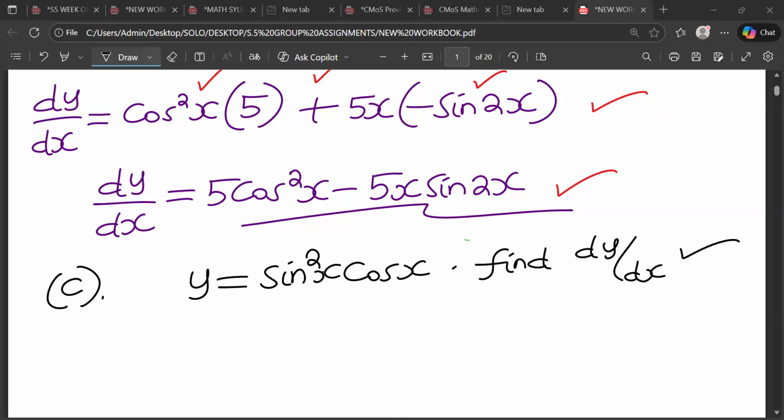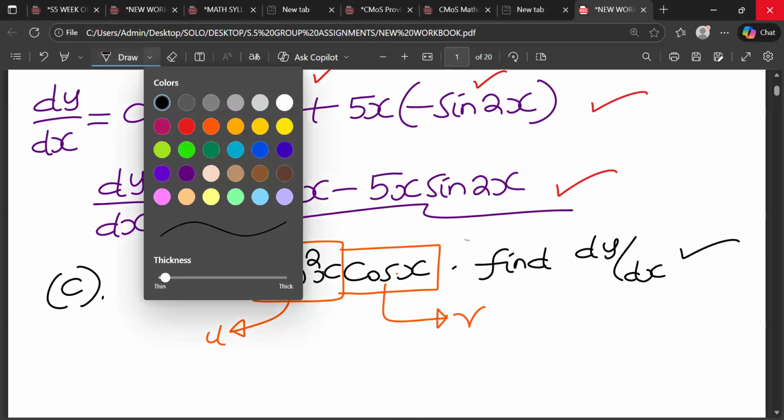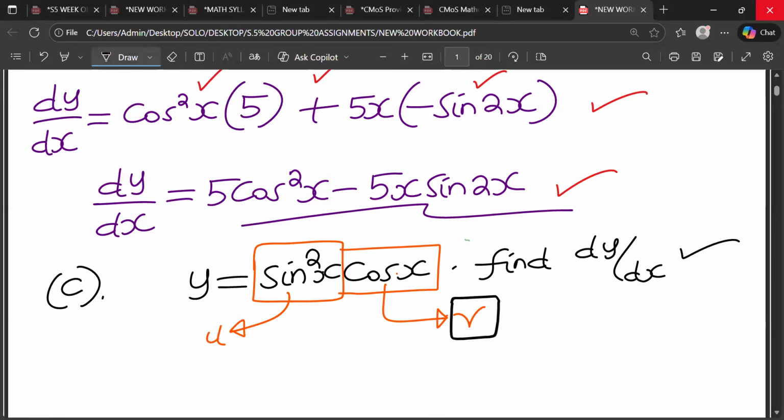Yeah, things are doable. Because for you, just come and be like this, the whole of this is my u. Then this one is my v. Then you substitute and try simplifying. Simplifying in trig doesn't matter because it is very rich. You can even stop where you want, unless the question wants you to prove something.